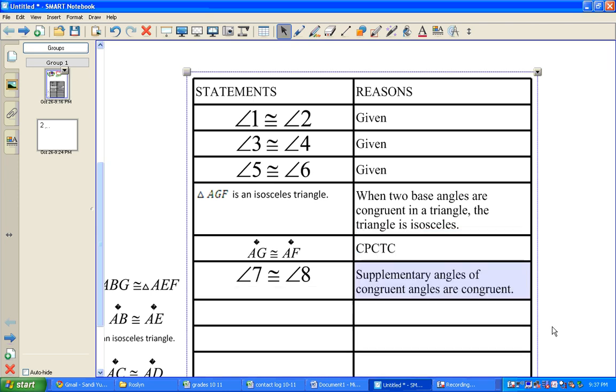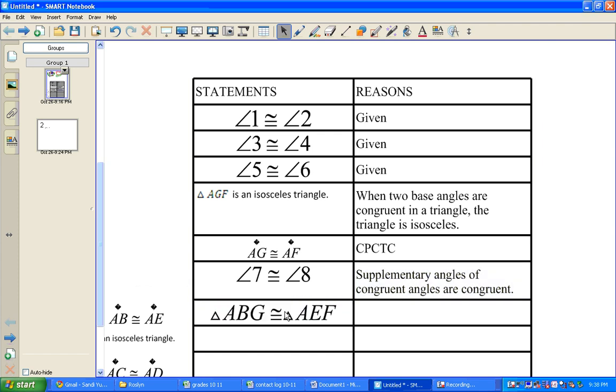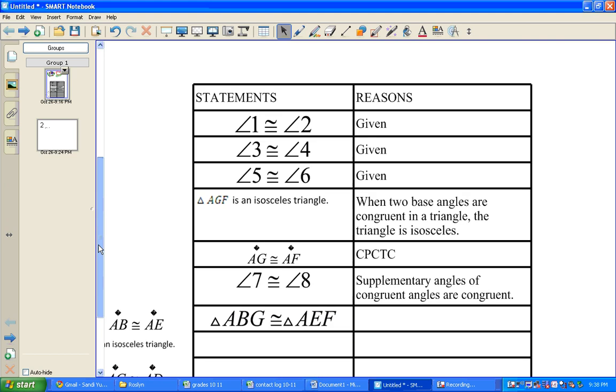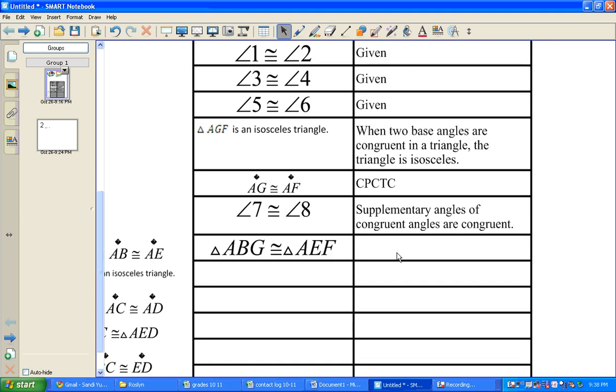How about that? That's why we can say triangle ABG, which means this first red triangle from the left, and triangle AEF are congruent. Once again, by ASA postulate.